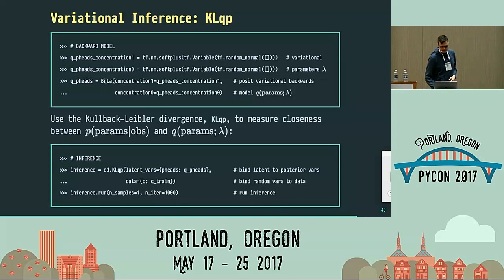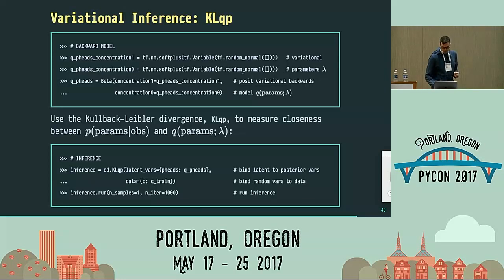So here we choose this beta distribution, and it has two parameters, lambda, or here concretely concentration 1 and concentration 0, and how are they defined? They're defined as TensorFlow variables, and they have an initial value which is just randomly chosen in this case. So you have to initialize these exactly as we initialized the empirical variables.